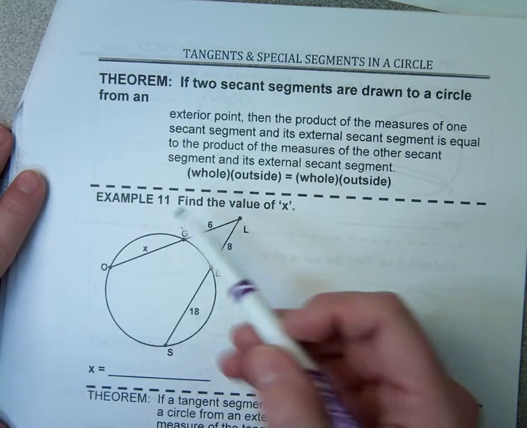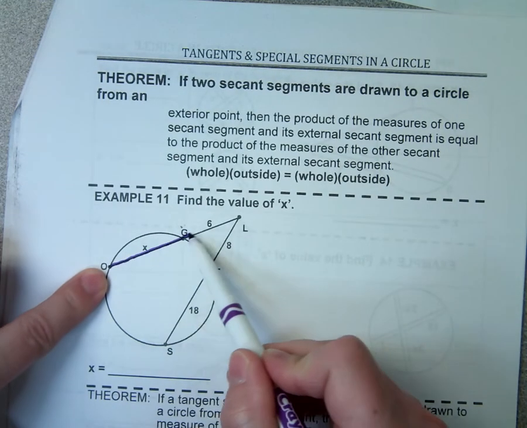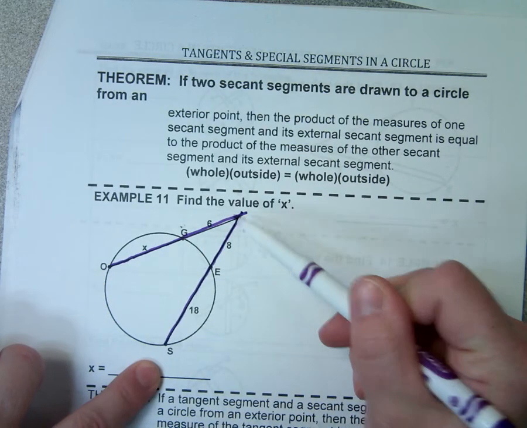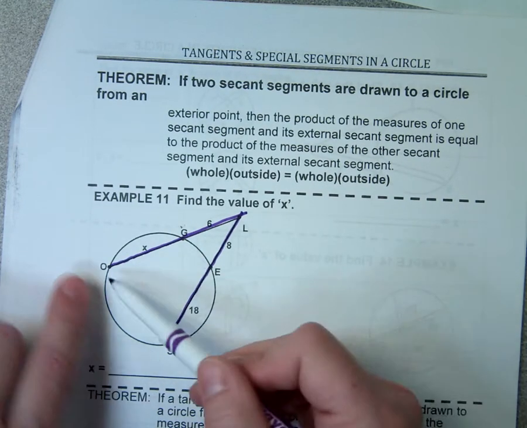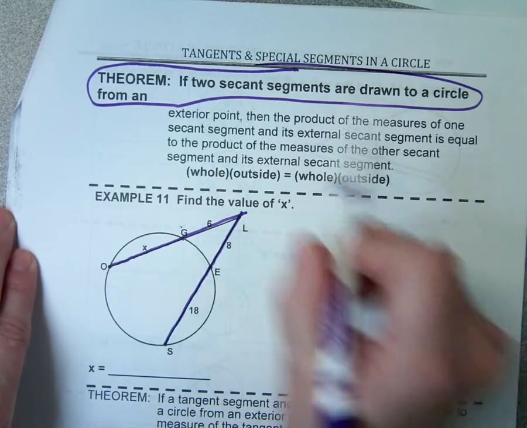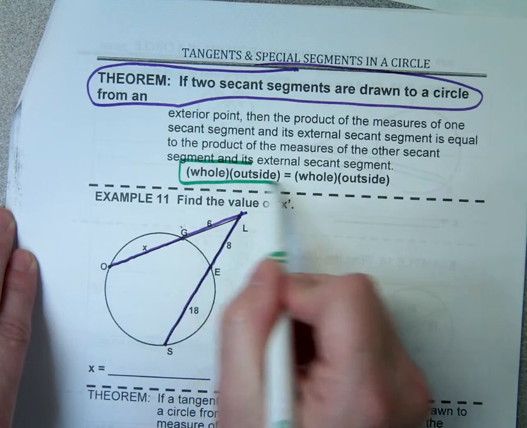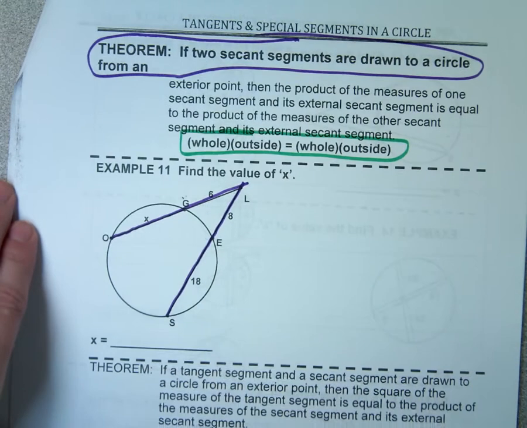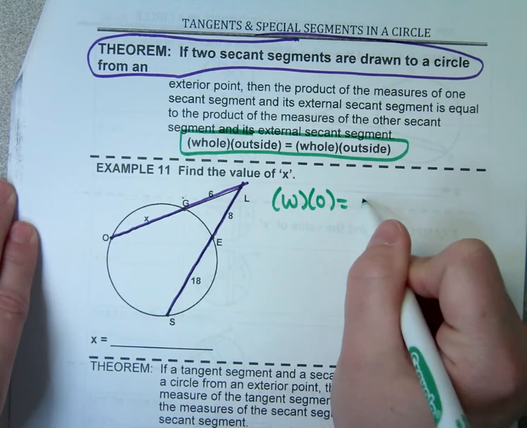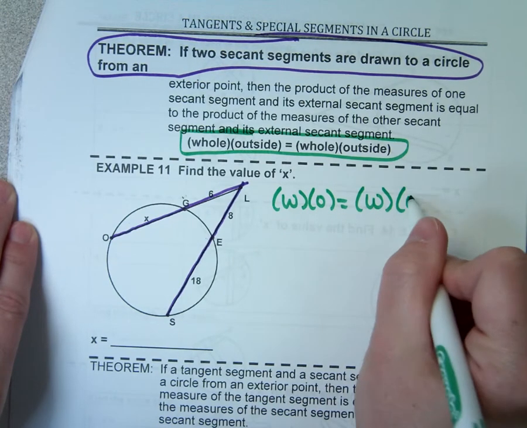This is a secant because it contains chord OG. This is a secant because it contains ES. If two secants are drawn out to an exterior point, then we have a new formula: whole times outside equals whole times outside.